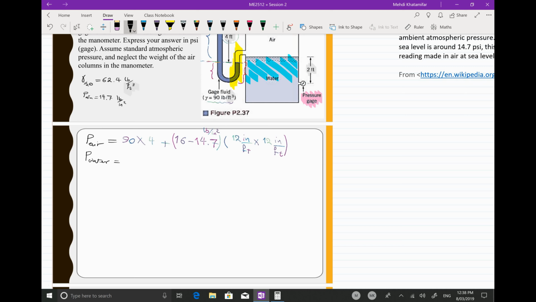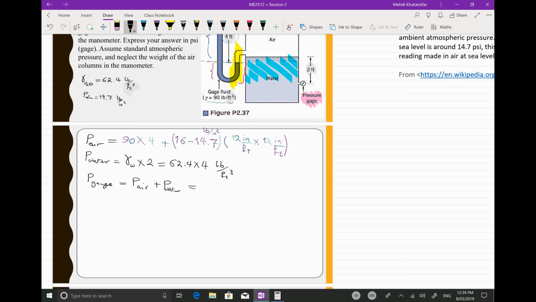That one was easy because it's gamma of water times 2 feet, which is given. Also, gamma for water is 62.4 pound per feet cube. So pressure for our gauge is going to be pressure of air plus pressure of water.